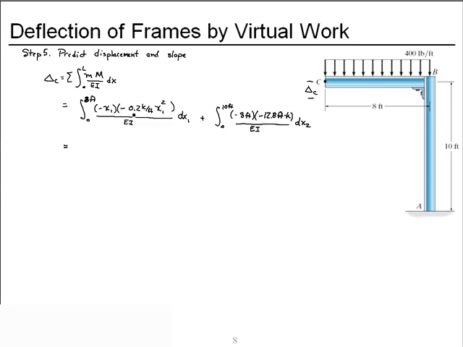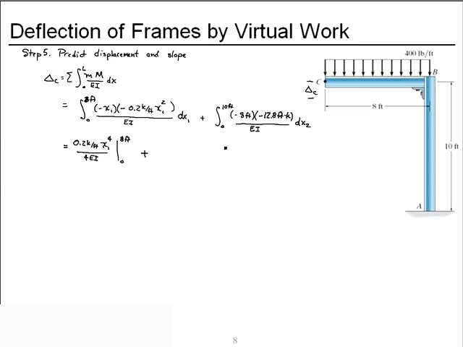And so the two negatives cancel, and I'll get a 0.2 x1 cubed. When I integrate that polynomial, it becomes x1 to the fourth divided by 4. So we'll have a 0.2 kips per foot, x1 to the fourth over 4 EI, and we're going to evaluate that from 0 to 8 feet.